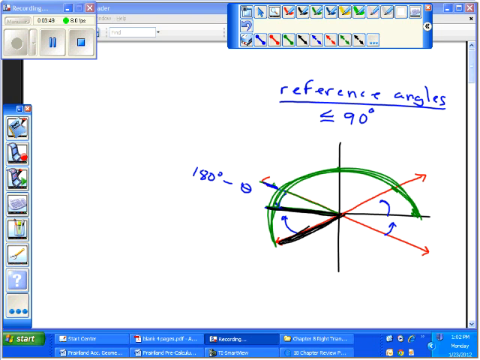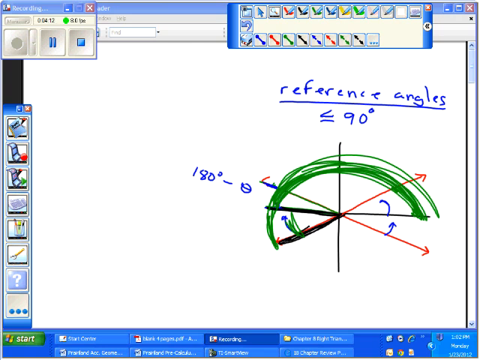Now, how are we going to get that little angle right there? Well, we're going to take 180 degrees away from the original big angle, right? If we want this little piece, we've got to take 180 out of all the way to here.